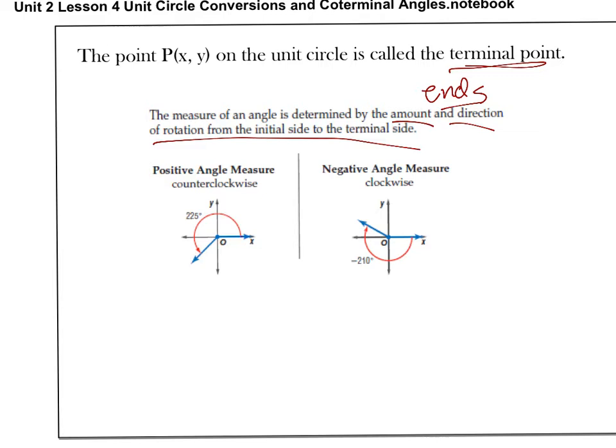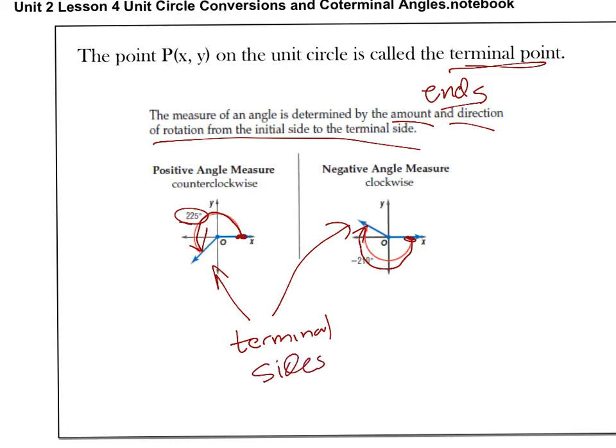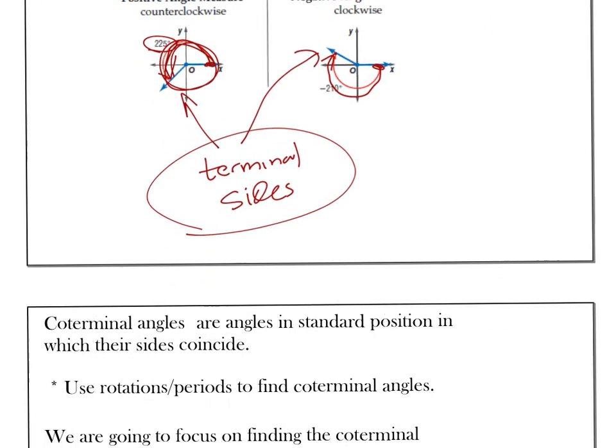So we all started here, we rotated around, so we got 225 degrees. Negative starts from the other direction and goes this way. So this would be considered your terminal side. That's what you're looking at right there. Now you have to realize that you're going to go around the circle a few times and see where you land.